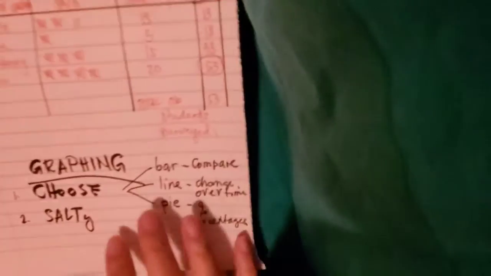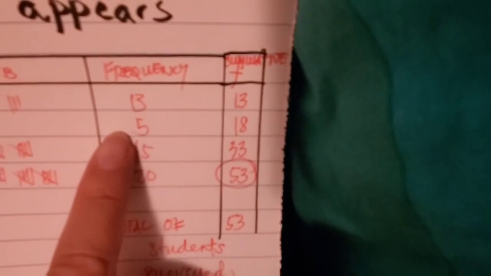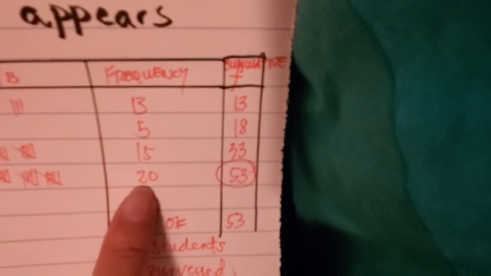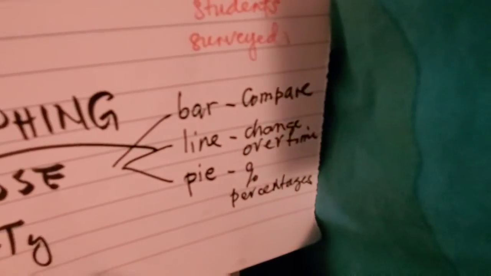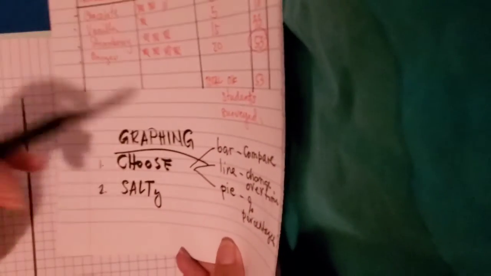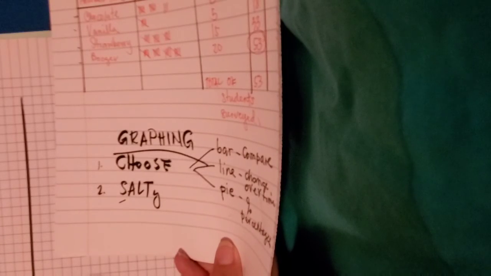So if you look at the frequency, okay, you will find that the lowest value is 5 and the highest is 20. So you need to talk about intervals, okay? That is part of SALTY. What will be your scale, okay?